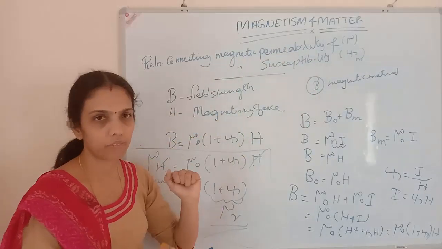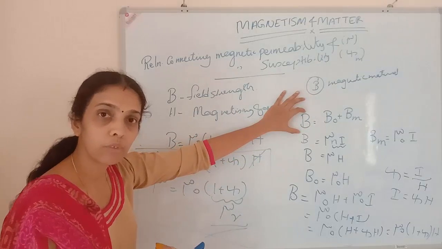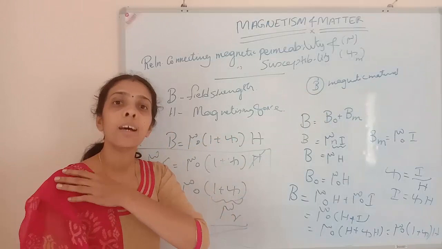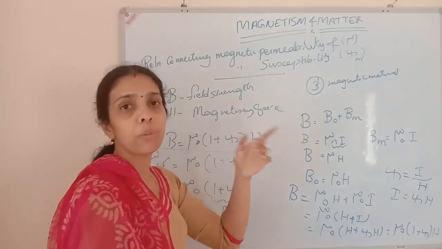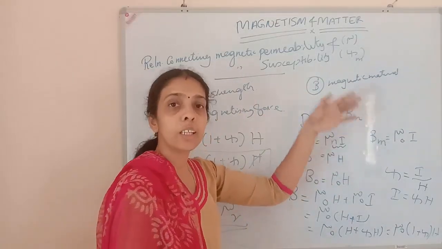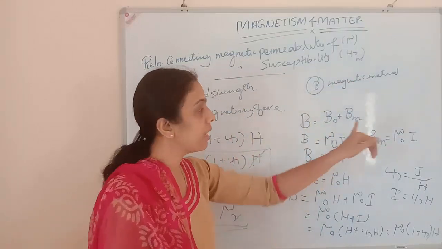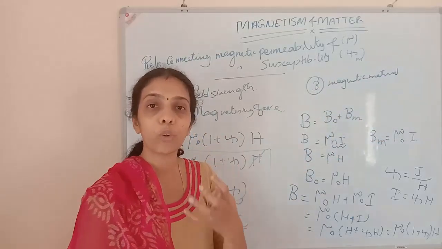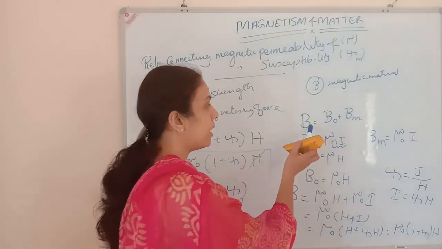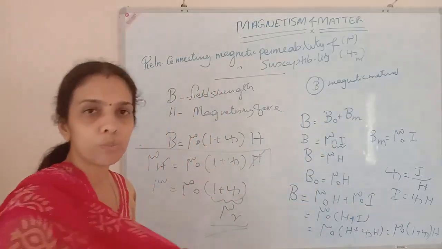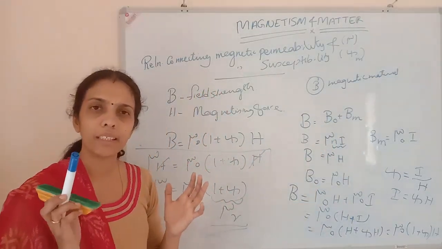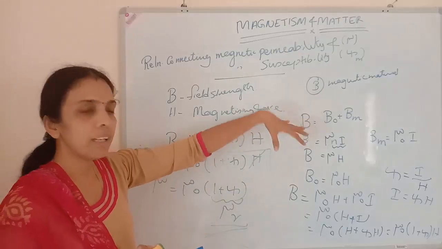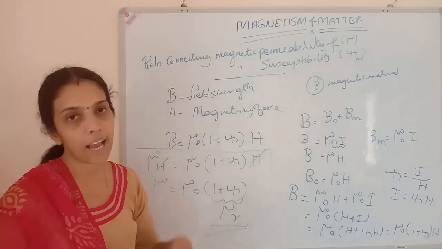The magnetic field it acquires will be equal to the magnetic field due to the vacuum plus the magnetic field due to the magnetic material. So B equals B0 plus Bm. Got it? What is the total magnetic field strength of the material? Along with the material, we should consider the magnetizing field due to the vacuum also.